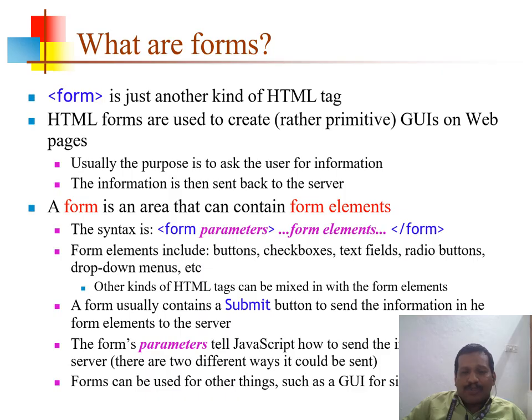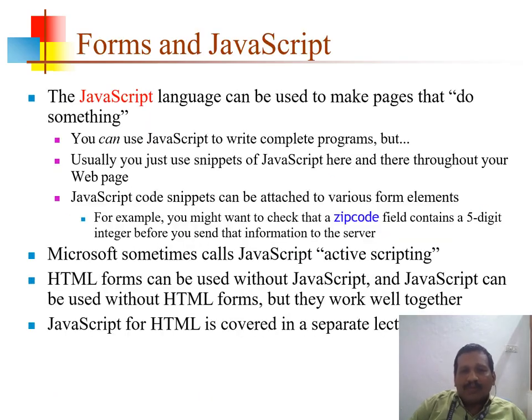Forms can be used for other things such as a GUI for sending and receiving information. The JavaScript language can be used to make pages that do something, which means that you can use JavaScript to write complete programs.